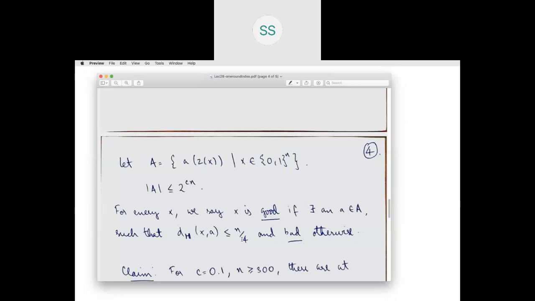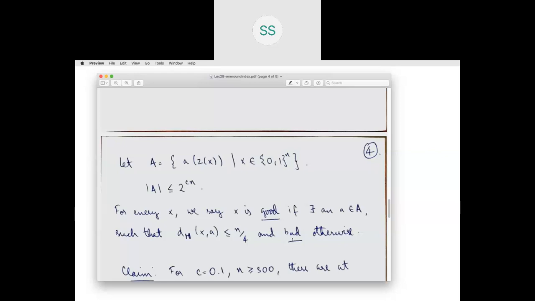So if, in the space consisting of all the answer vectors, there is some answer vector close to x, at a distance of at most n by 4, we say that x is good. We say that x is bad if all the answer vectors are at a distance of at least n by 4 from it. If x is bad, that means every answer vector that you take is far away.